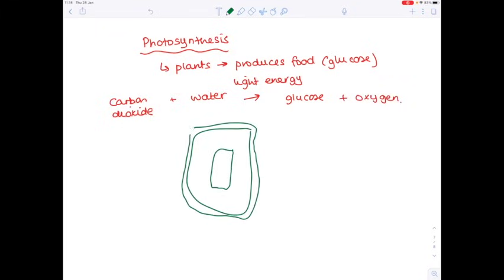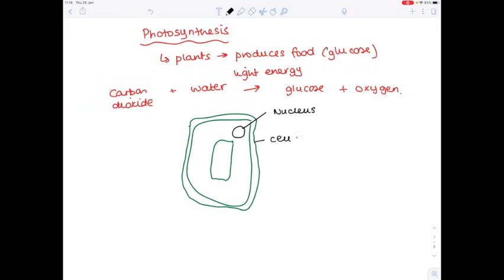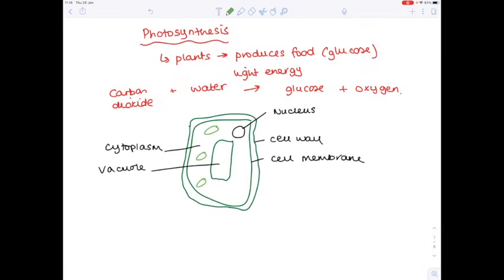So if we draw a basic plant cell here, we have the nucleus, cell wall, cell membrane, vacuole, cytoplasm, and in terms of where that photosynthesis is carried out, it's in the all-important chloroplasts, because they contain a photosynthetic pigment known as chlorophyll.